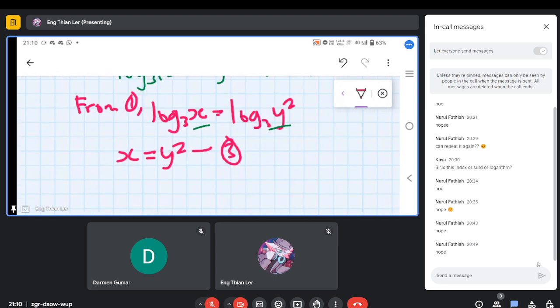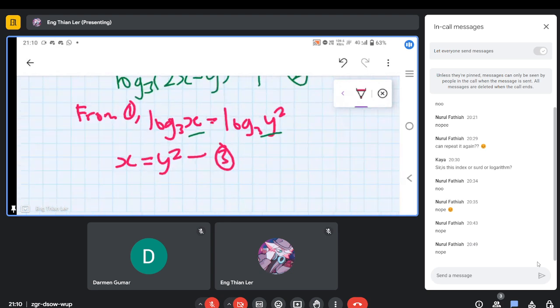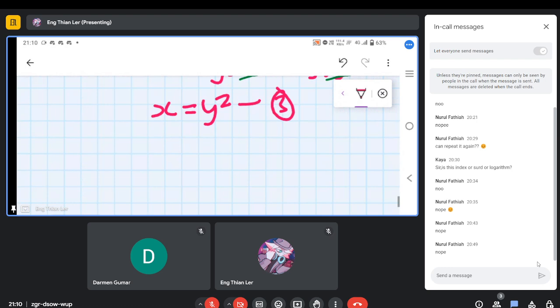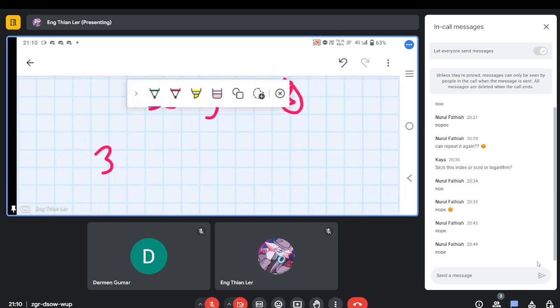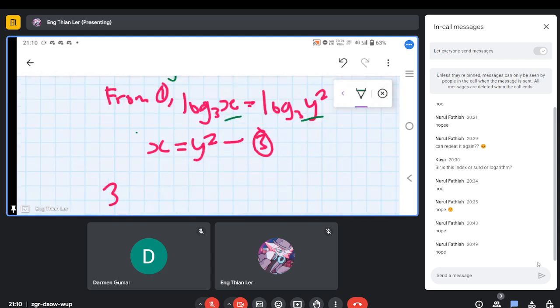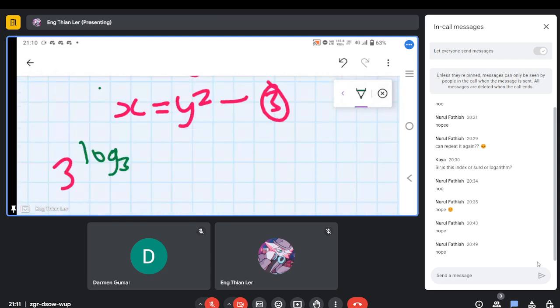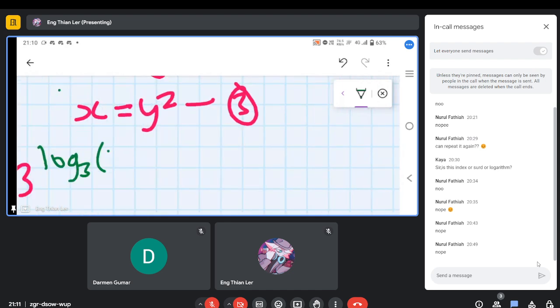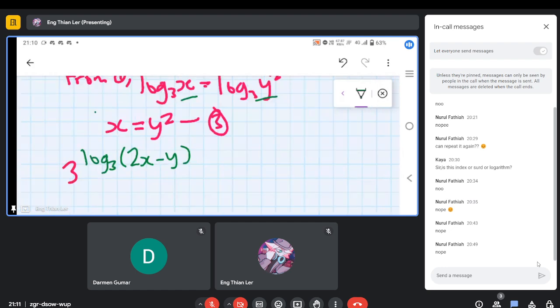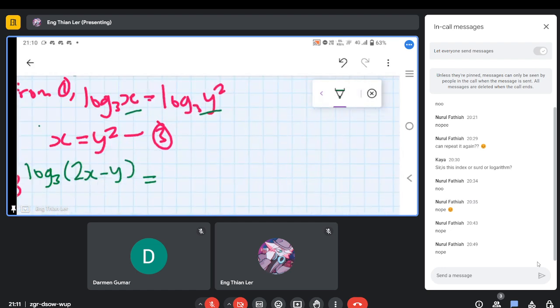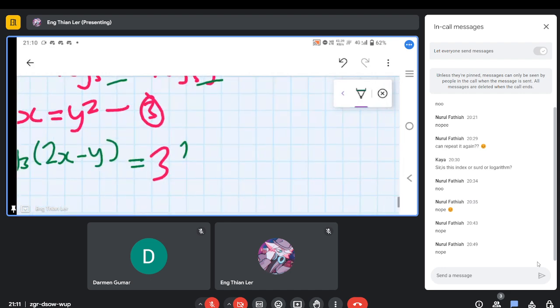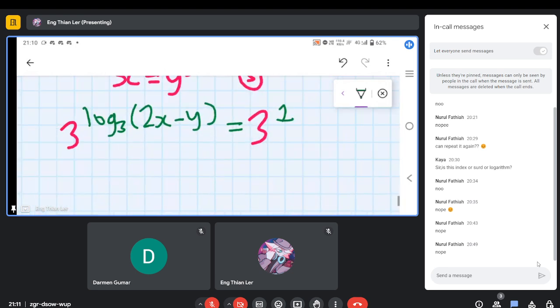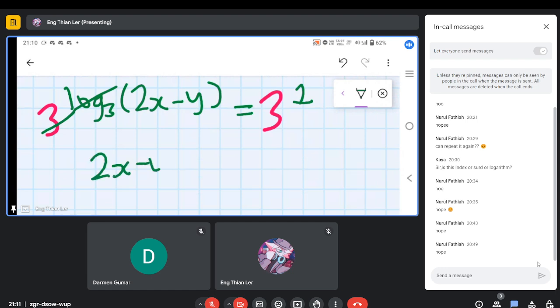So let's look at number 2. Simplify it by taking 3 to the power of each side: 3 to the power of log 2x minus y base 3 equals 3 to the power of 1. So this and that cancel, giving 2x minus y equal to 3, not 1, 3.